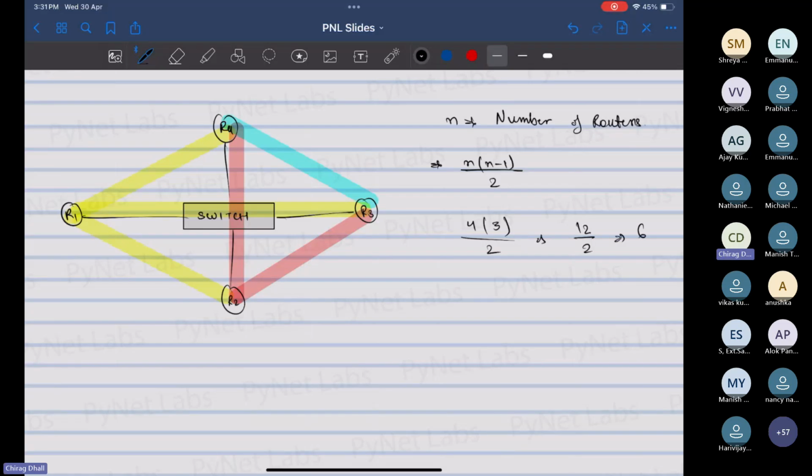Now 6 neighborships might sound like a very small number, and it is. But what if I have 10 routers? Then the number of neighborships required on a multi-access network would be 10 multiplied by 9 divided by 2, 90 divided by 2, 45 neighborships.